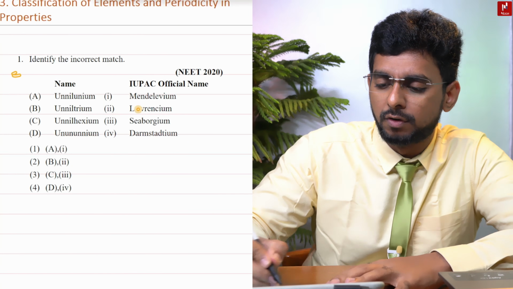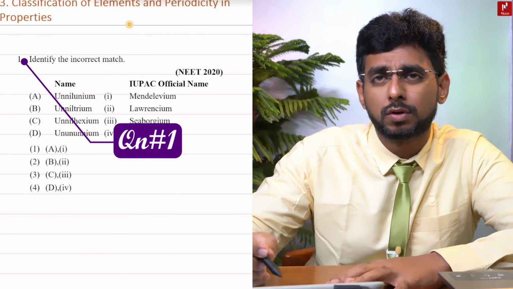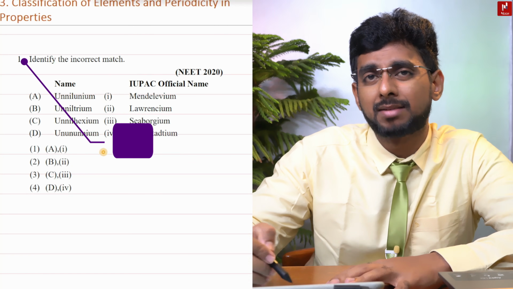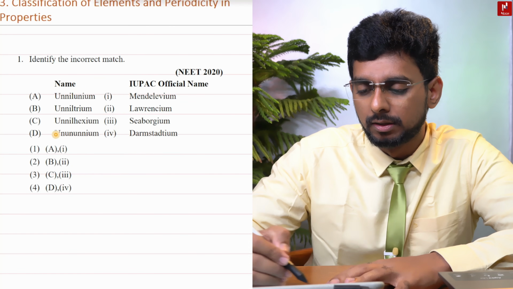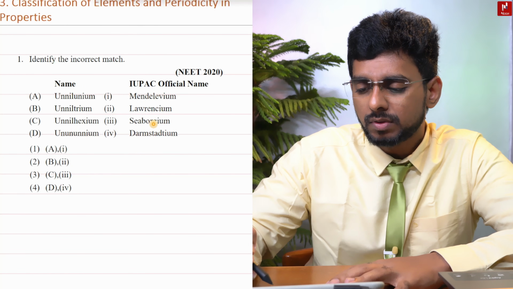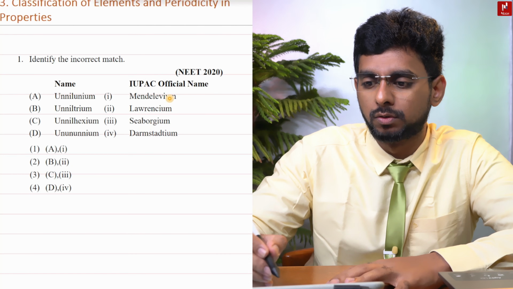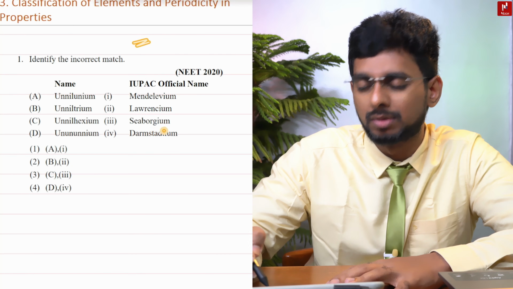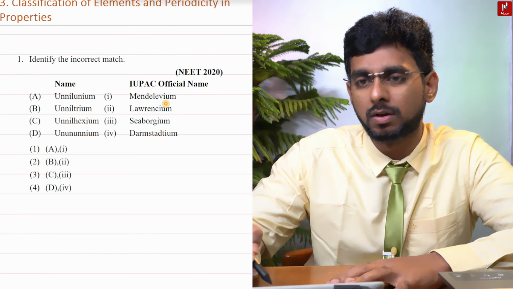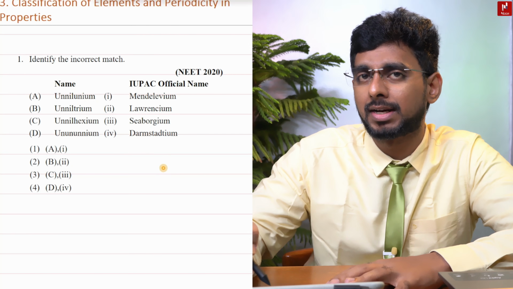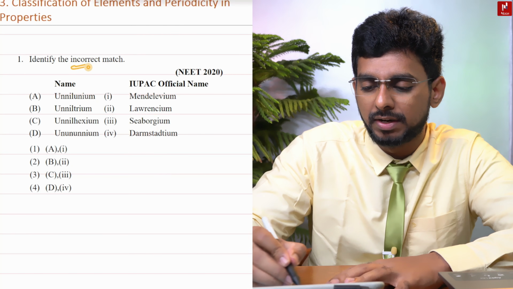In this question, you have to identify the incorrect match. So I just need to get the incorrect match among the following. I've told you already while doing the theory, you should have memorized those elements 101 to 118. Only if you have memorized all those elements, you'll be able to get the correct answer here. What they're asking us to find is the incorrect match.